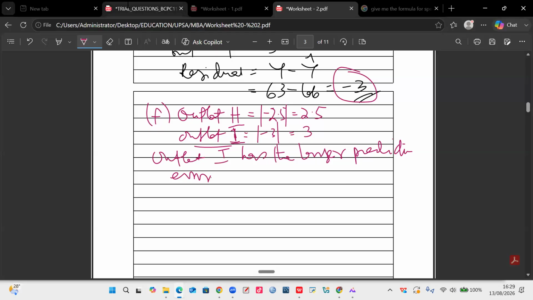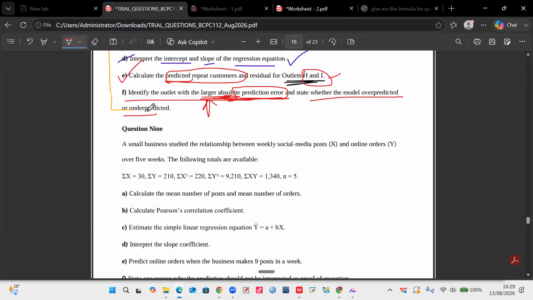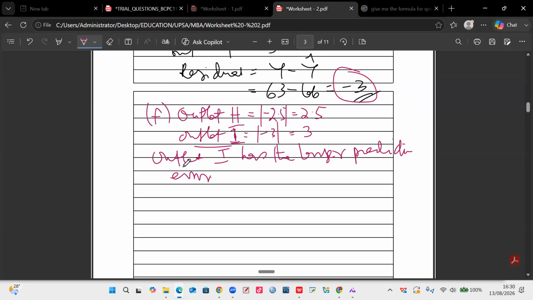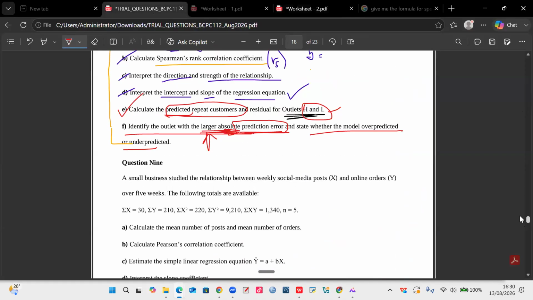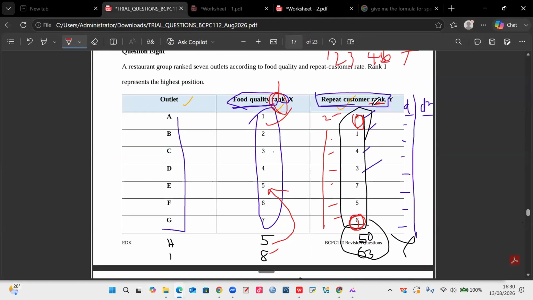So let's look at the question again. State whether the model over predicted or under predicted. So the model was over predicted because the estimated Y. What does the Y stand for? No, not repeat customers here, use rank.